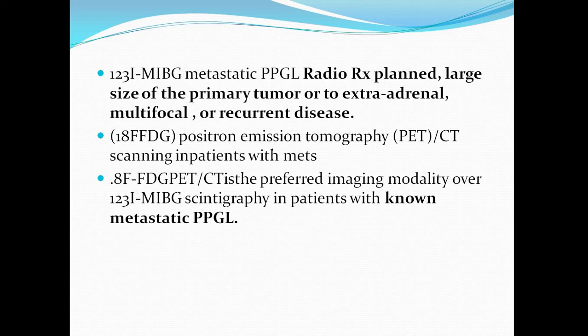So when do you use the I-123 MIBG? In metastatic PPGL, when radiotherapy is planned, when there's a large size of the primary tumor to be removed, or extra-adrenal, multifocal or recurrent disease.